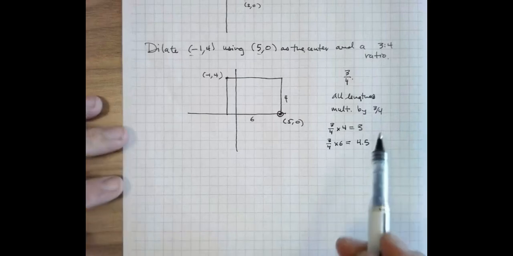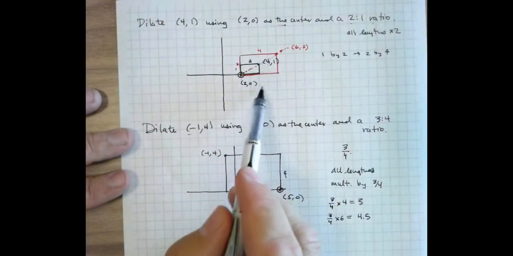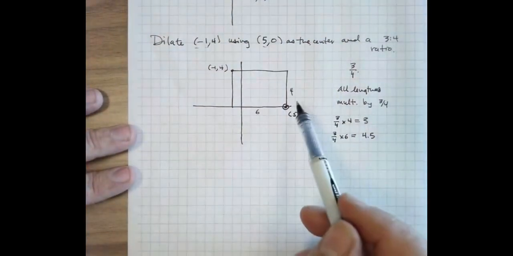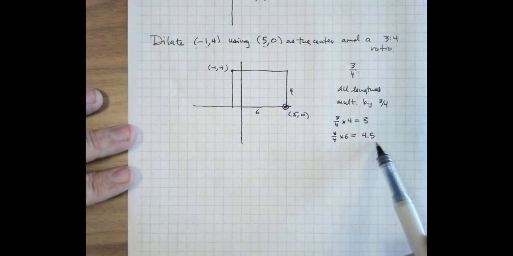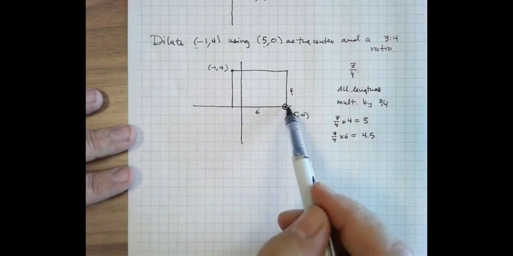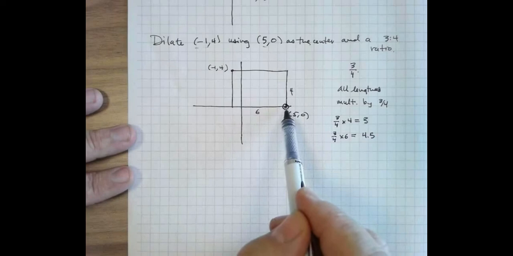Okay, so that means my new rectangle that I'm going to draw, my red one, my dilated rectangle, the lengths, instead of being 6 across and 4 up, it's going to be 4.5 across, 3 up. And remember that it's got to share this corner. This is the center. So that's the point that it stays fixed.